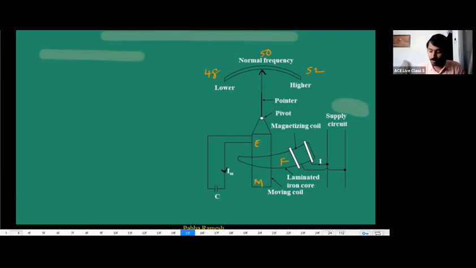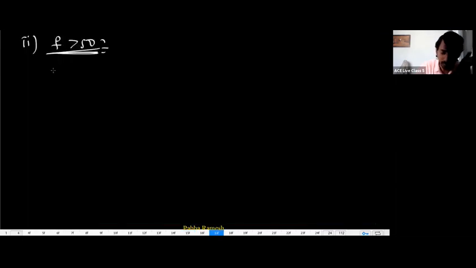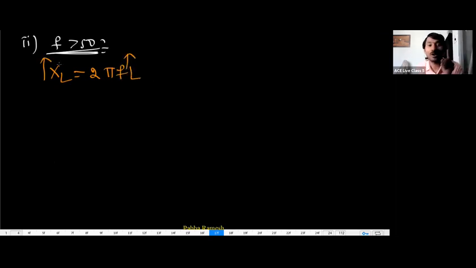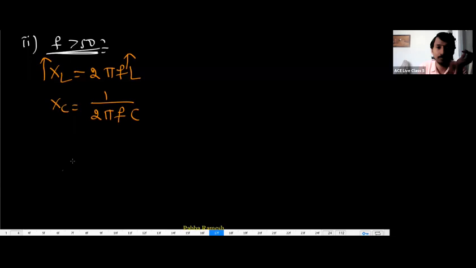Concentrate. XL is equal to 2 pi FL. Frequency is more, XL is more. So automatically in the moving coil, inductive reactance will be more. Why? Frequency is more than the normal frequency 50. XC is equal to 1 by 2 pi FC. As F is more, XC is less.